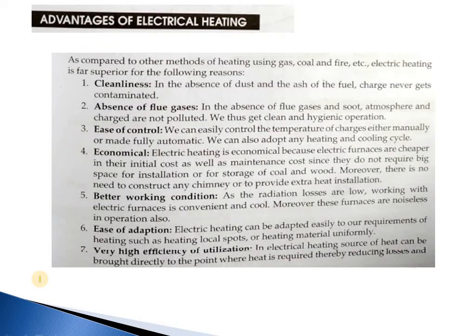So, what is the basic advantage of electric heating? As compared to other methods of heating using gas, coal, fire, etc., electric heating is far superior for the following reasons. First of all, cleanliness. Definitely, when we are using electric heating, cleaning is much better.